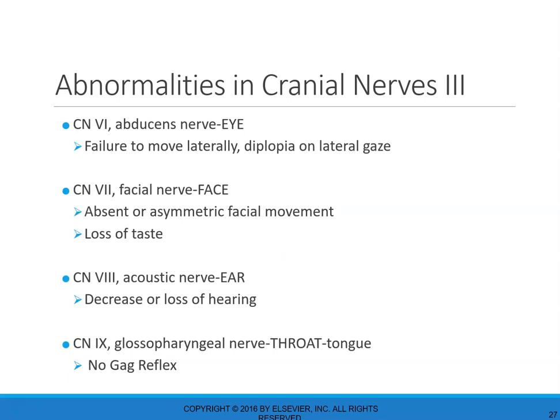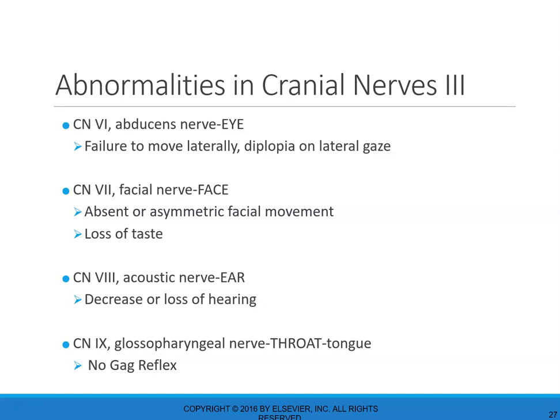For 6, they will have an inability to move laterally. For 7, asymmetric facial movement or no facial movement and a loss of taste. That's for 7. For 8, a decrease or loss of hearing.